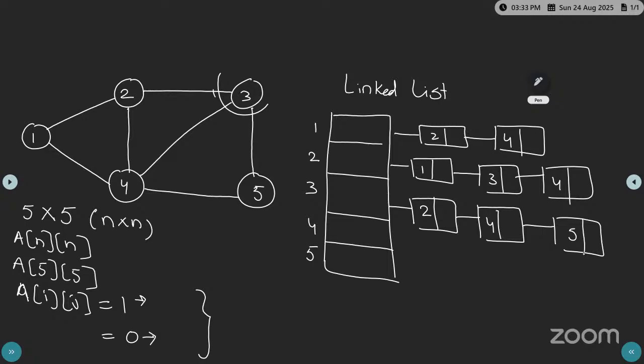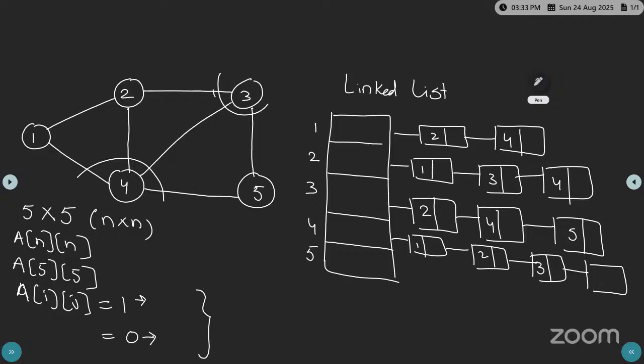The last two nodes. For 4, how many here? 1, 2, 3 in sequence. 4 to 1, 4 to 2, 4 to 3, 4 to 5.